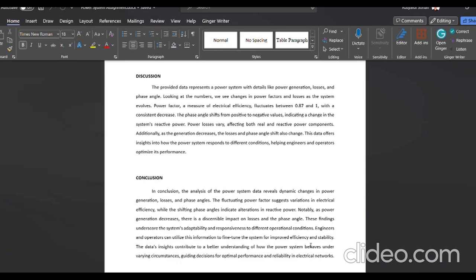This finding underscores the system's adaptability and responsiveness to different operating conditions. Engineers and operators can utilize this information to fine tune the system and improve efficiency and stability. The data insight contributes to a better understanding of how the power system behaves under various constraints, guiding decisions for optimal performance and reliability in electrical networks.